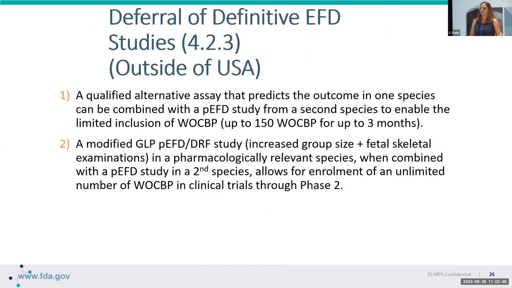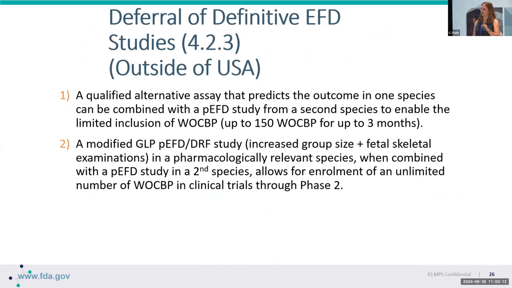And then since we're talking globally here, I just want to point out that this is an ICH international guidance, but there are some clear differences between what is recommended for the FDA versus outside the US. So for example, embryo-fetal development studies can be deferred, but outside the US in specific circumstances.